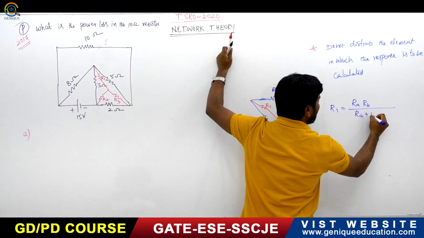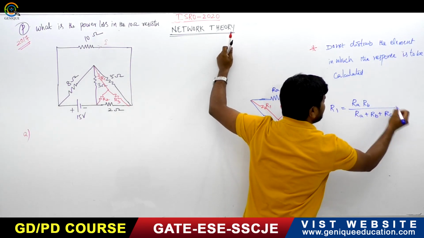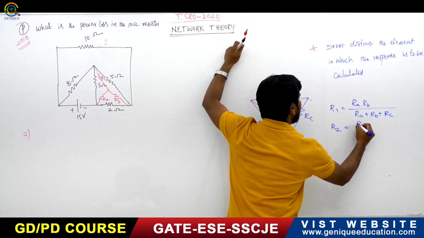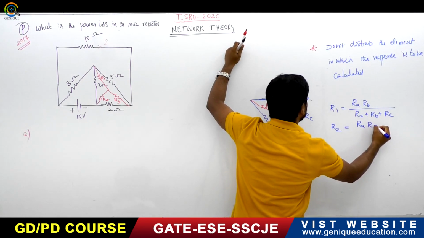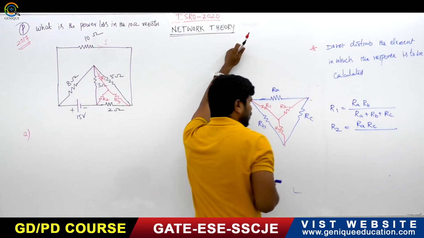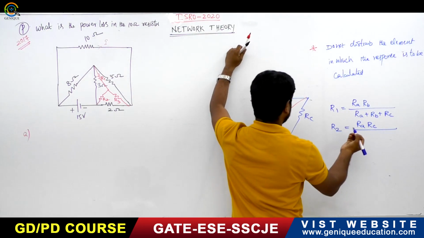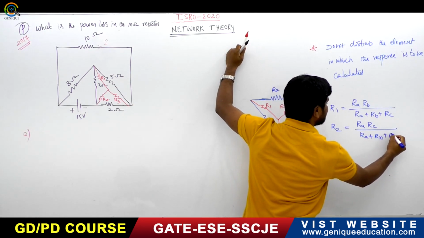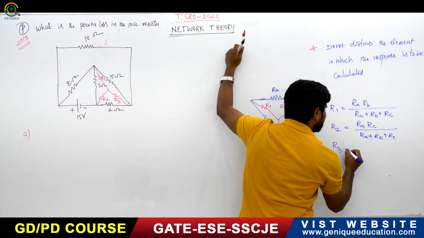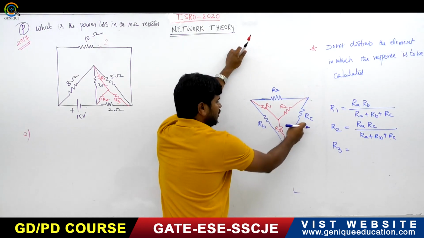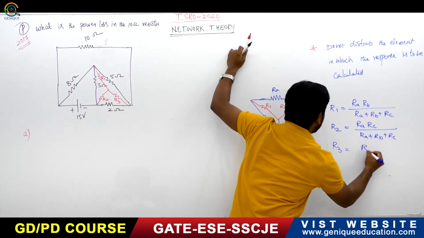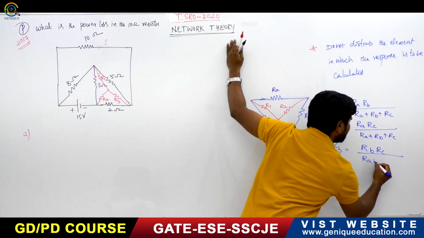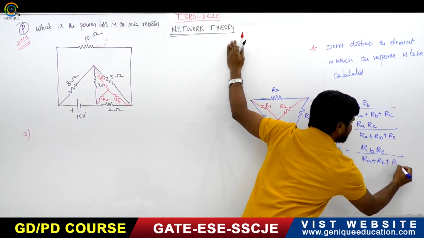Similarly, R2 is equal to RA RC divided by RA plus RB plus RC. R3 is the multiplication of these two, RB RC, divided by RA plus RB plus RC.